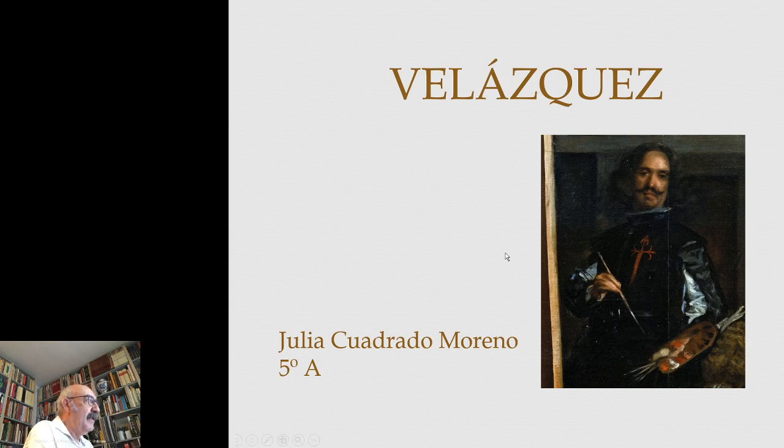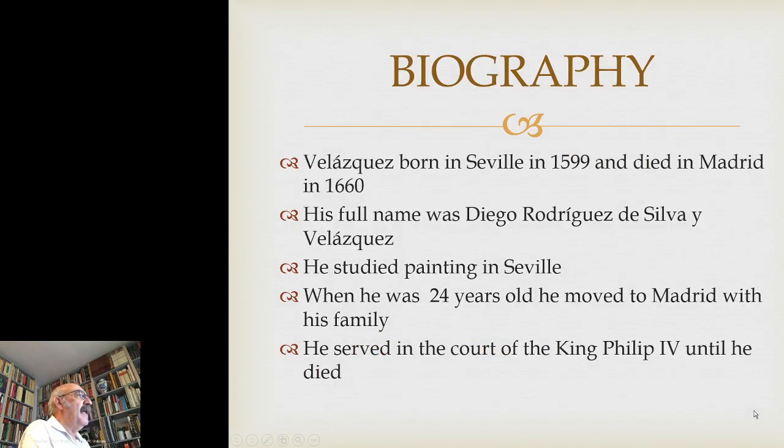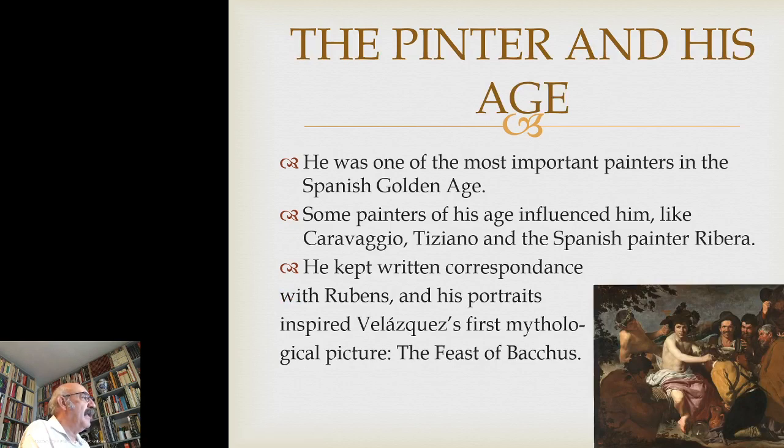This is Velázquez. Okay, this is a kind of self-portrait. You can see it in this image in the Meninas painting, and these are dates about his biography. Okay, and this is another interesting work. You can see it in the Prado Museum. The Feast of Bacchus.